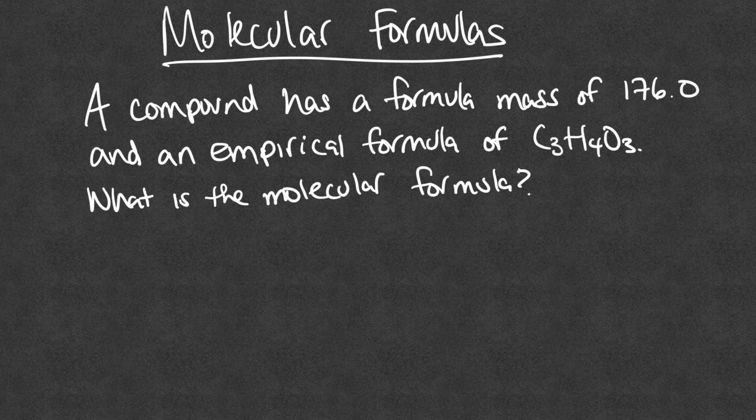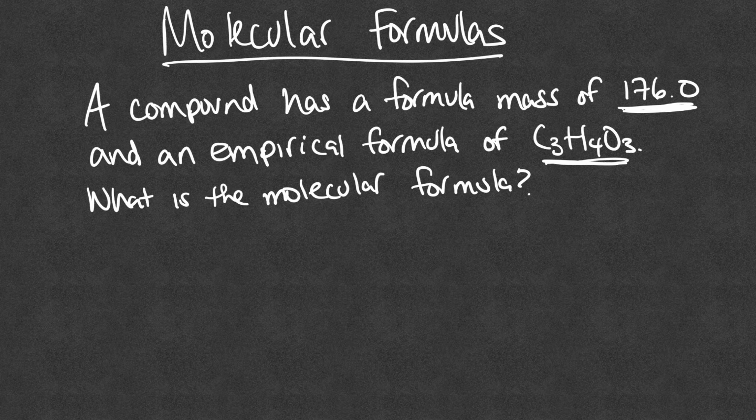What we have and what we know is the formula mass of the molecular formula, and I tell you this is the empirical formula. Now, to find the molecular formula, you have to remember that the molecular formula is a multiple of the empirical formula.